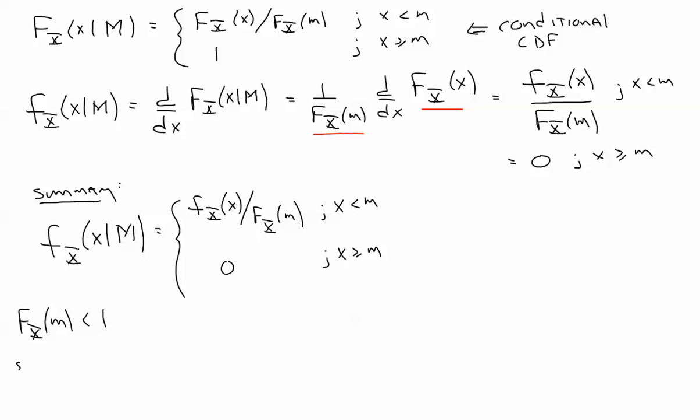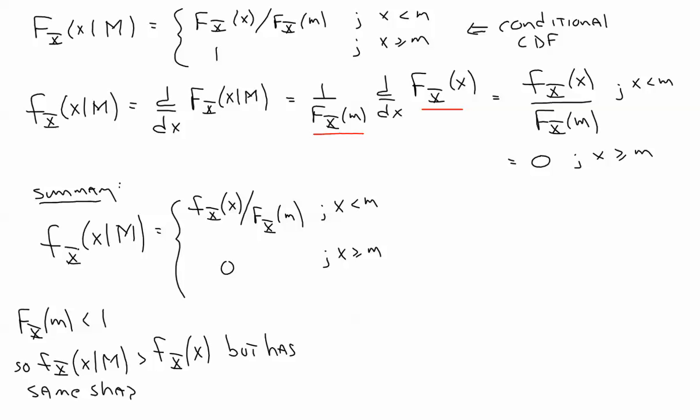So my conditional PDF is greater than the non-conditional PDF, but follows the same shape. And of course, this is in the region where x is less than m.